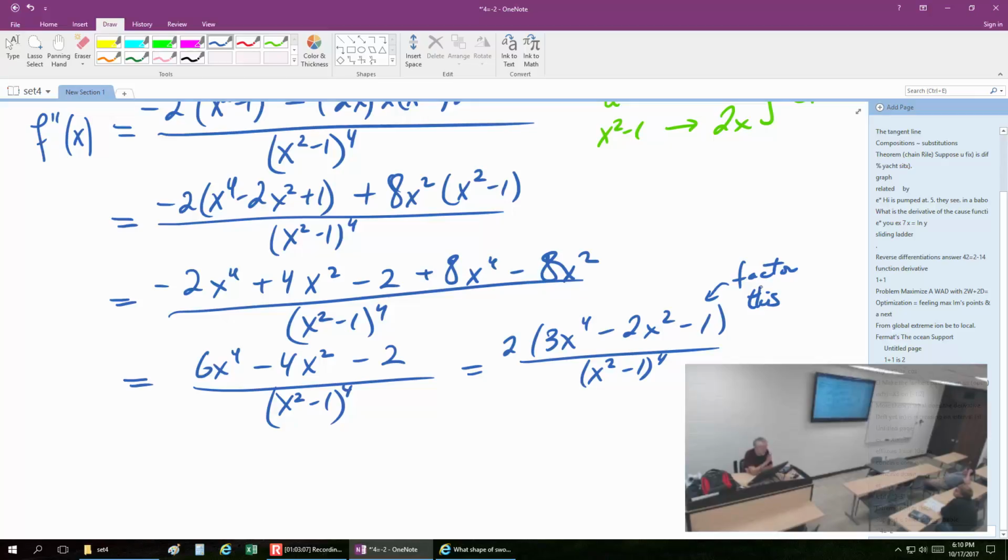The trick here is to see that only the even powers appear, which means it is actually a quadratic polynomial with respect to x squared. So if I replace x squared with u, I'll have 3u squared minus 2u minus 1. Then I use the quadratic formula to find its roots and then factor. We'll do it next time. This is a little bit longer than I expected.